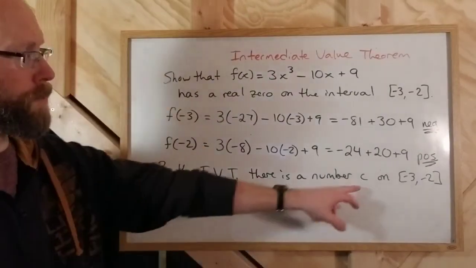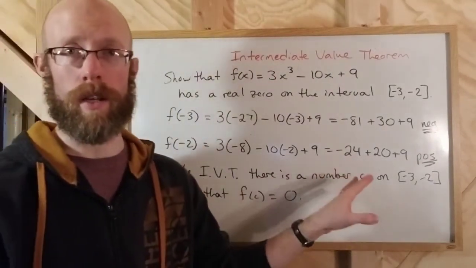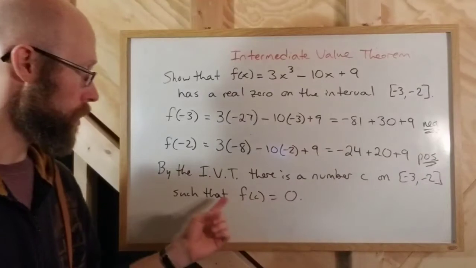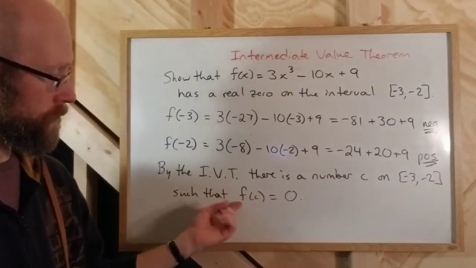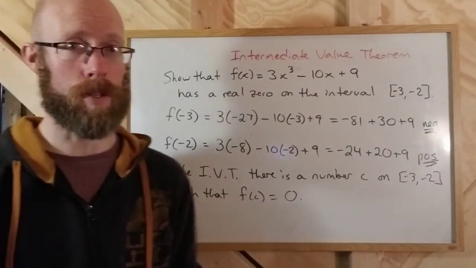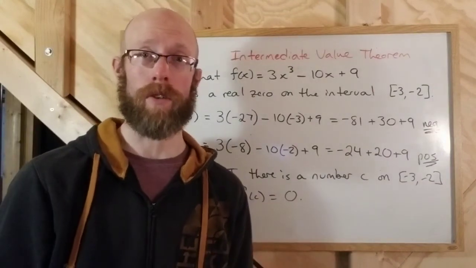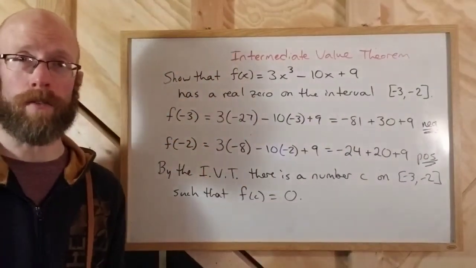So there's some number, we'll call it C, that is a zero of the polynomial. In other words, f of C is equal to 0. And that's a guarantee based upon the intermediate value theorem.